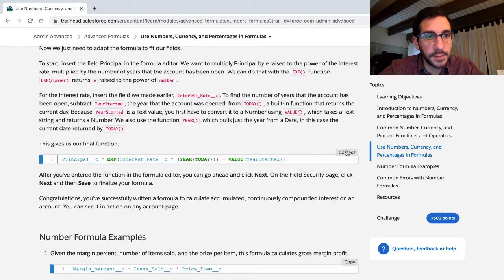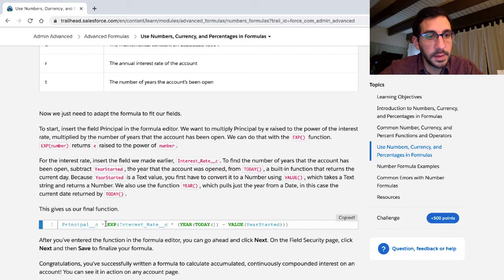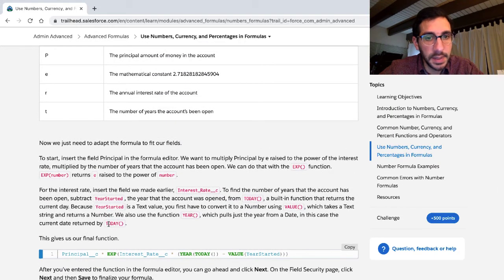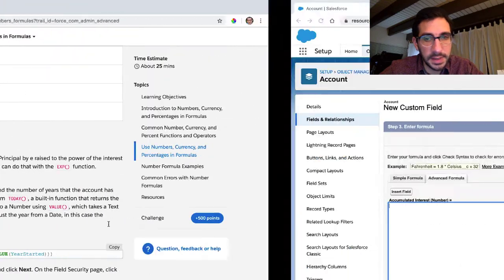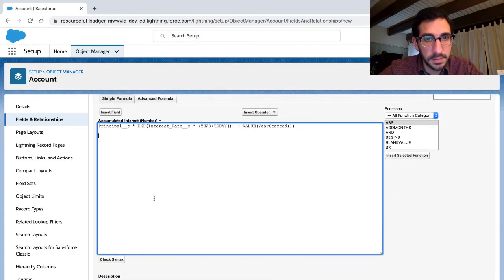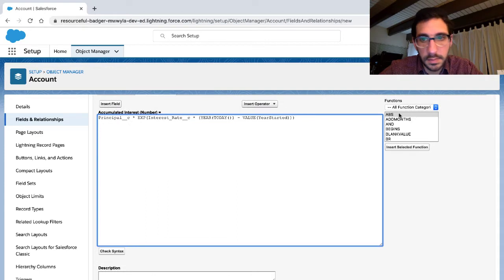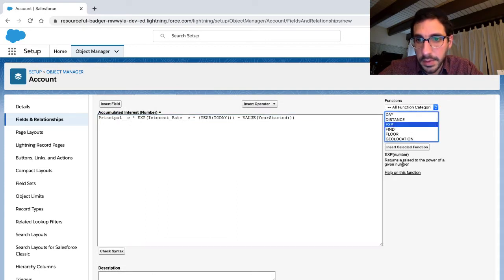And this is our formula, because we're going to start off with our principal value times exp. I don't really understand what the exp function does. Returns e raised to the power of a given number.